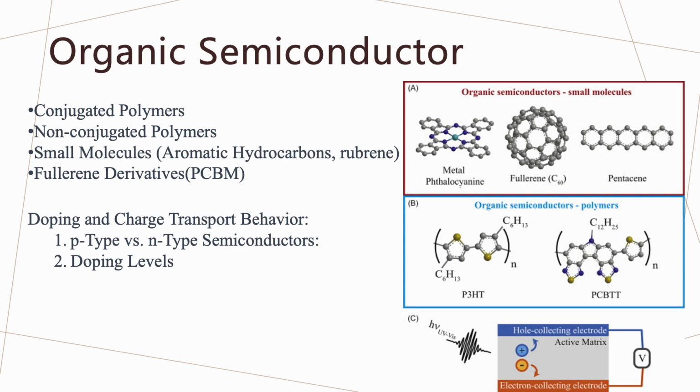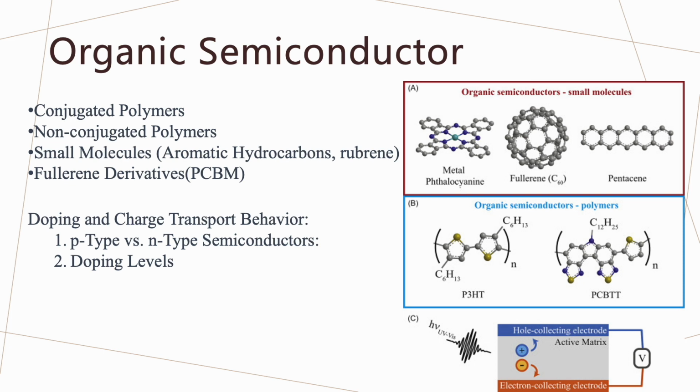Small molecules like pentacene and rubrene are high-performance organic semiconductors that can achieve excellent charge carrier mobility. However, they are sensitive to some environmental factors and require precise deposition techniques. Fullerene derivatives like PCBM are often used as N-type semiconductors in organic solar cells, but can also be used in OFETs.